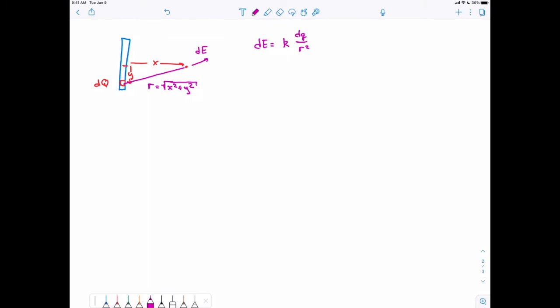Otherwise, it's identical to the Coulomb's law calculations. So that's the electric field from that little chunk. If I want the total electric field, I just have to add up all the little bits of electric field. That means I have to integrate dE.